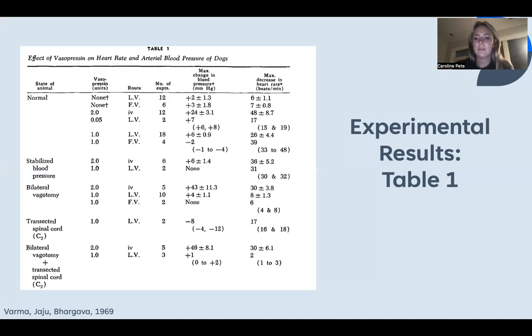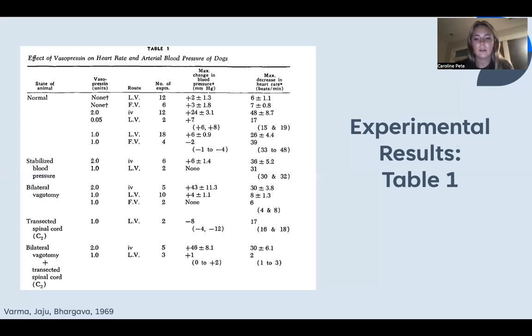After the vagotomy plus cord transection, the mean maximal decrease in the heart rate caused by the vasopressin injections was 2 beats per minute.